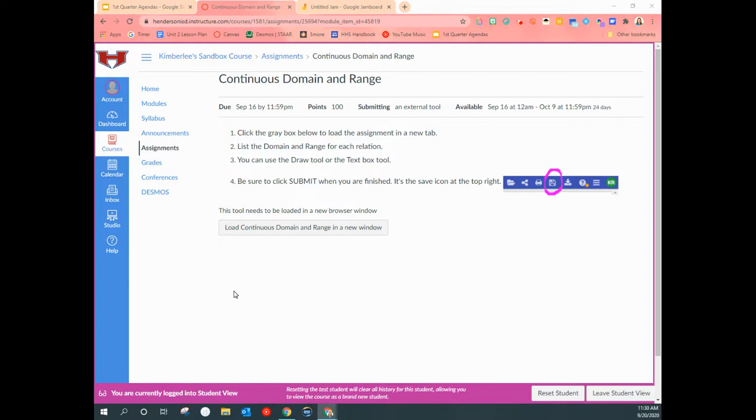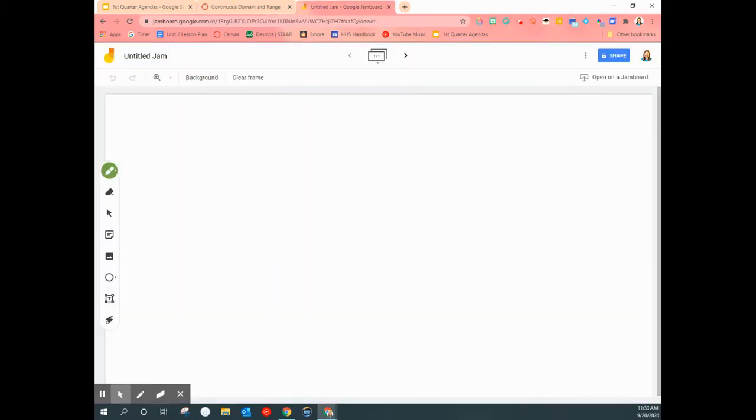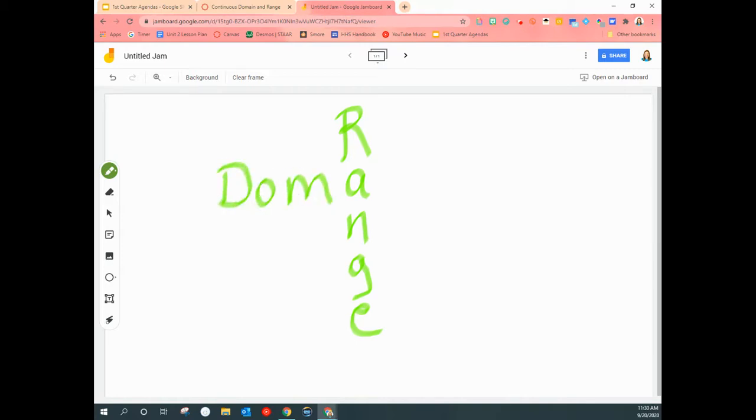I remember yesterday I told you guys I was going to show you a way to remember domain and range, and then I never did it. So let me come over here real quick, and I want to show you. This is one of the ways that I remember domain and range. So I write it like this. I write range this way, and then I write domain this way.